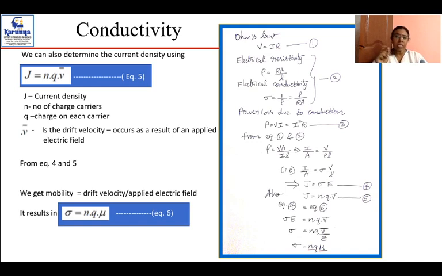Equating equation 4 and 5 gives sigma E equals NQ multiplied by the drift velocity. So sigma, the conductivity, is NQ multiplied by drift velocity divided by the electric field. Now this value, drift velocity by electric field, is given together as the mobility of the charge carriers, which is mu. So sigma equals n q mu.